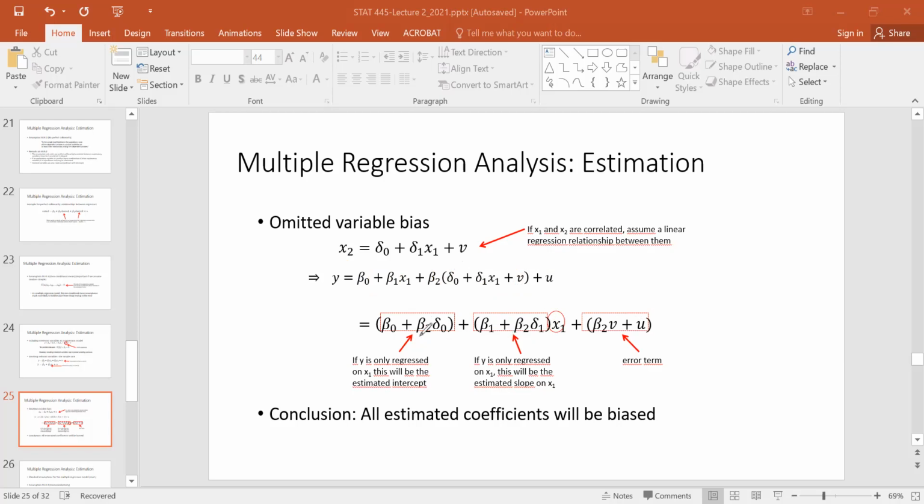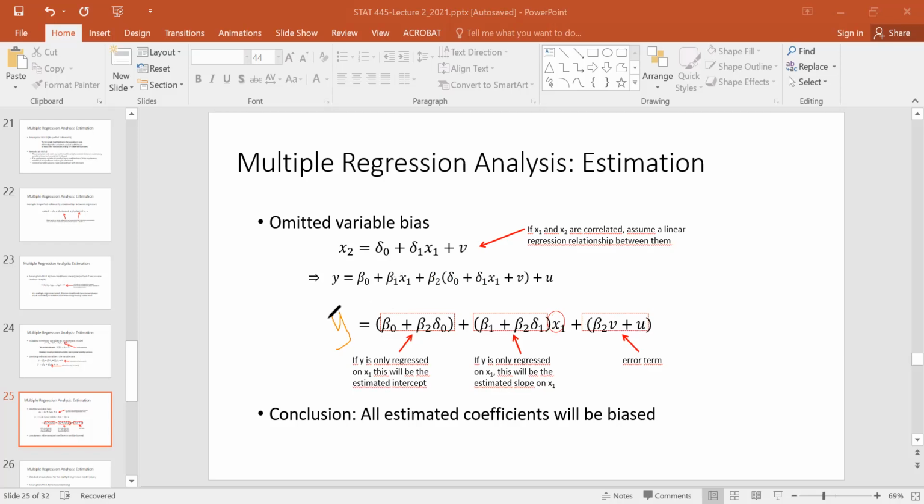So what does this mean? This is our y, remember. This looks like a simple regression with only x1 as a regressor and some ugly constant and ugly error term. What is the point?